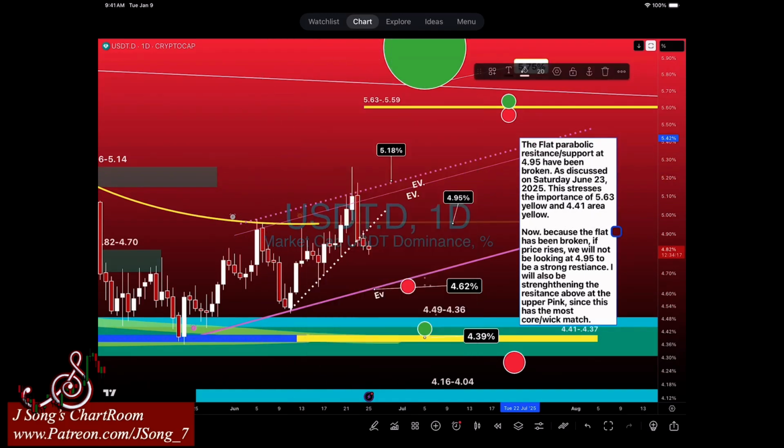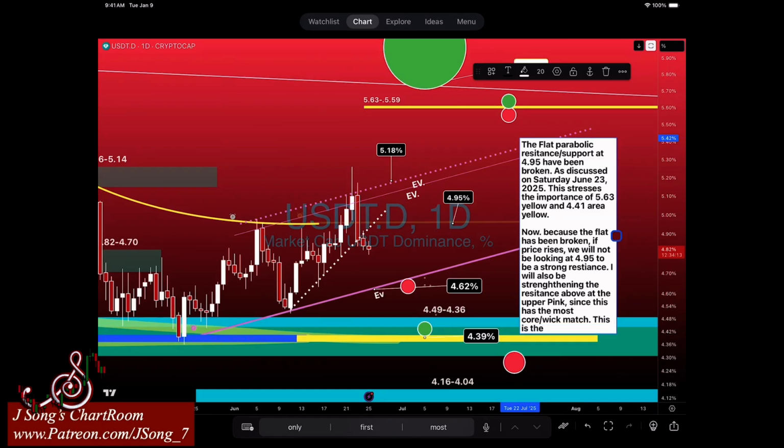And that's going to be our EV Phantom. This is the EV Phantom, currently around 5.18. That means health is above there, with a move most likely towards 5.63 area.